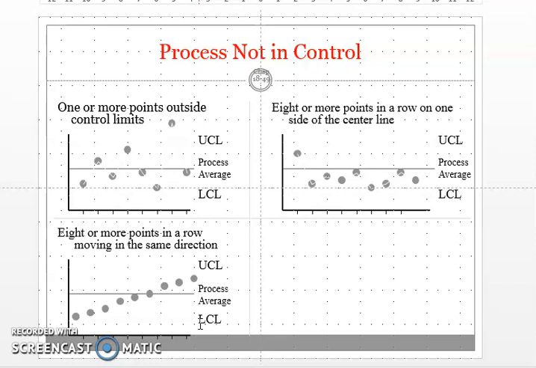And next we have seen the shift. When 8 consecutive points are below the average or above the average, then we can say that there is a shift. The causes of shift are a change in material, operator, inspector or inspection equipment, a change in machine setting, a new operator or carelessness of the operator, or a loose fixture.